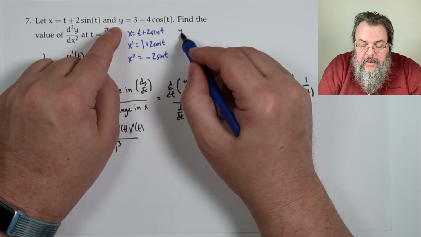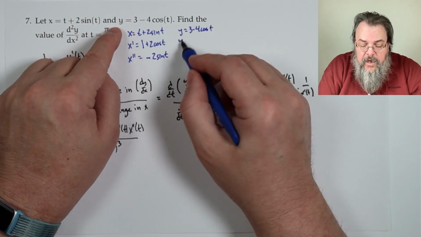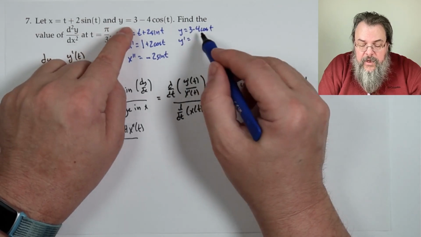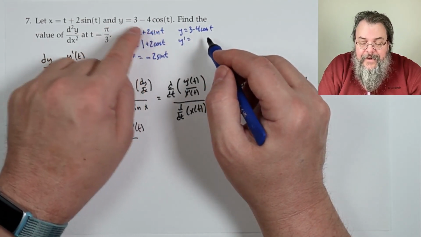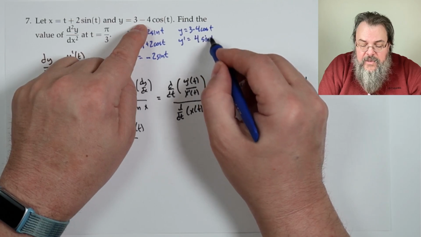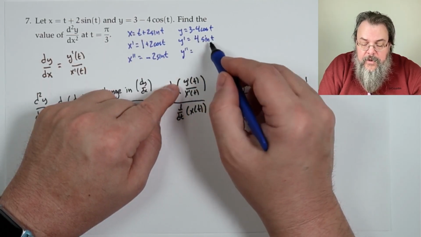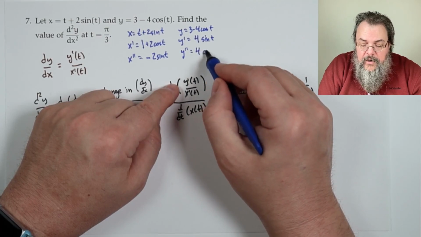Okay, y, 3 minus 4 cosine t. Y prime, well, 3 goes away. Derivative of cosine is negative, and there's already a negative, so that makes positive 4 sine t. And y double prime, derivative of 4 sine is 4 cosine.